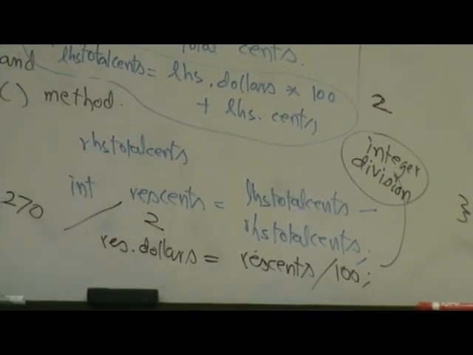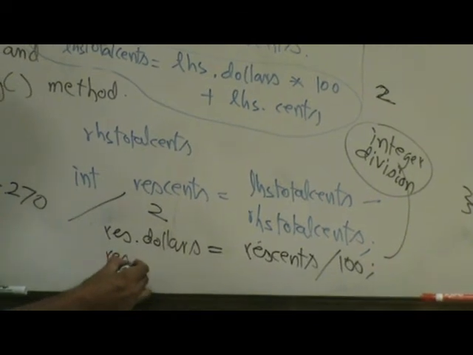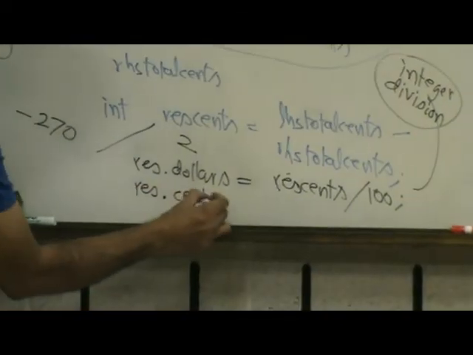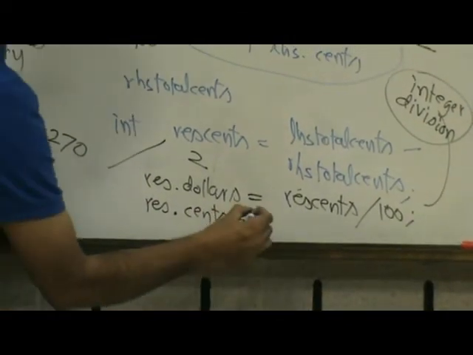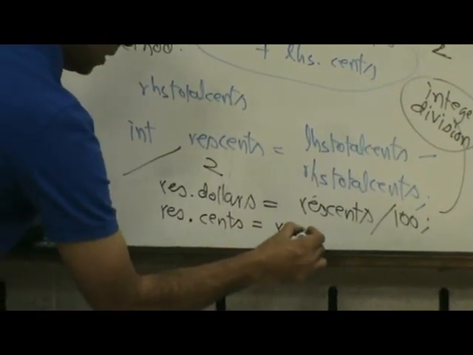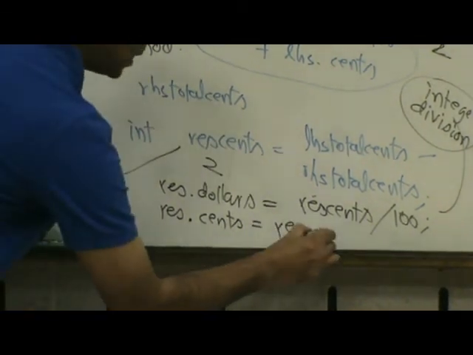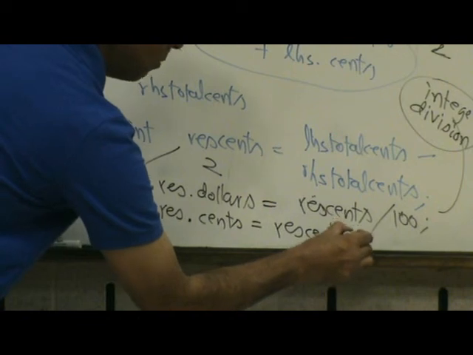Okay, so now we need the remainder after dividing by 100. We need the remainder. So we will say res.cents equal to res cents mod 100.